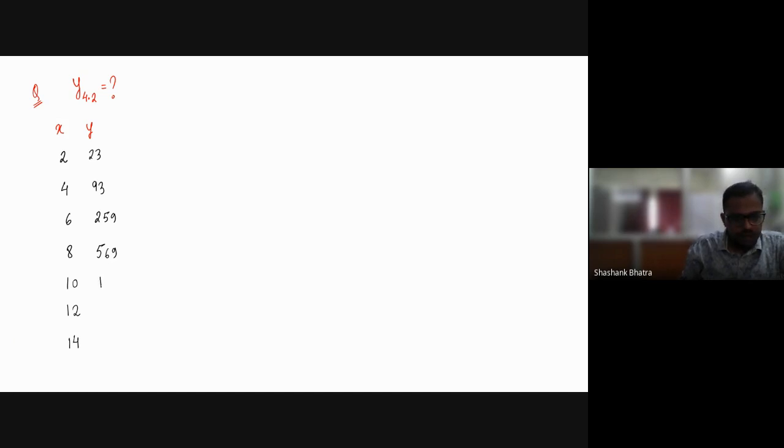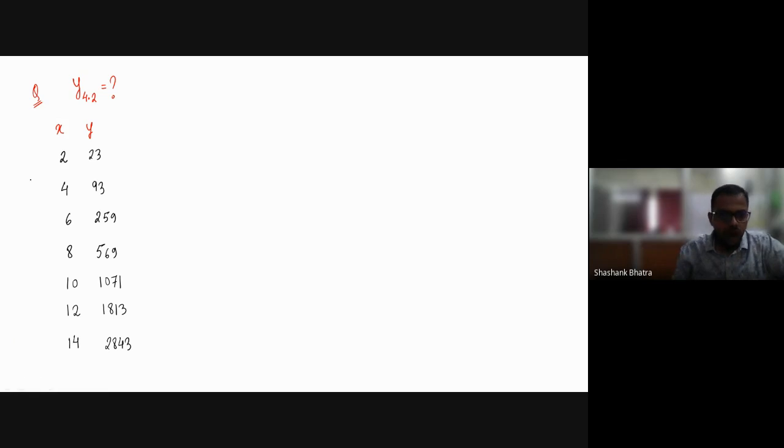Corresponding to 10, it is 1071, then 1813, and 2843.